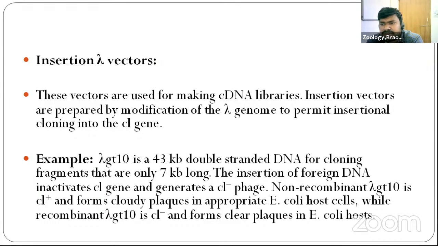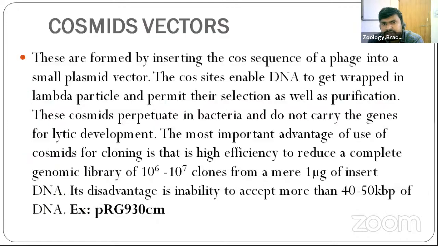The insertion of foreign DNA inactivates the CI gene and generates a CI minus phage. So non-recombinant lambda is CI plus and forms cloudy plaques on the appropriate E. coli host cells, while recombinant lambda phage is CI minus and forms clear plaques on the E. coli host.